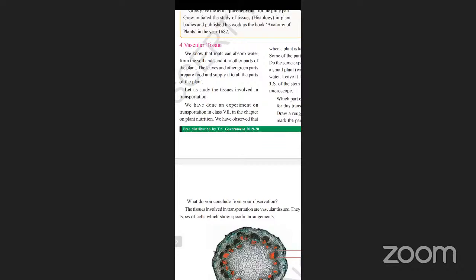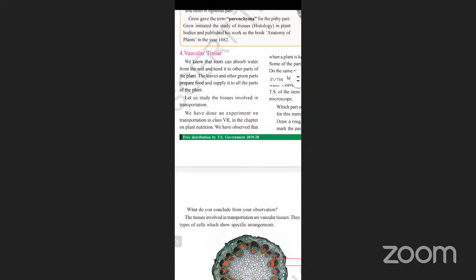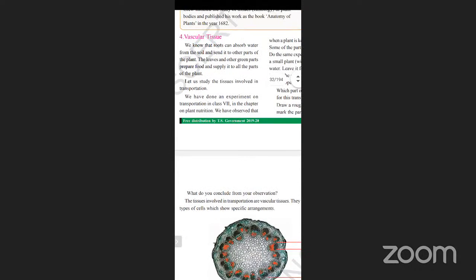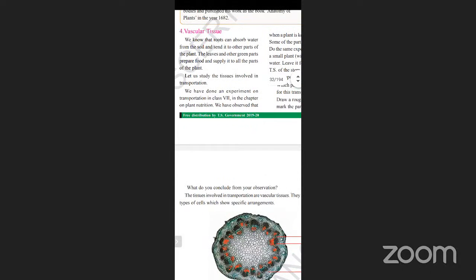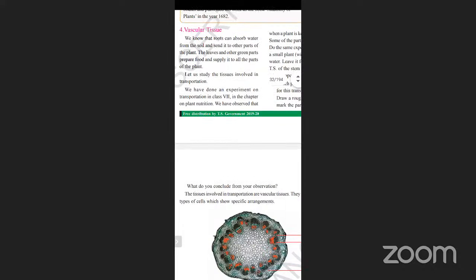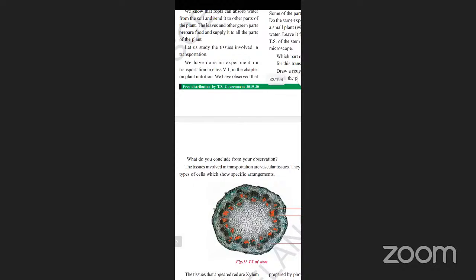How is water sent to the whole body, and how is food distributed to all the parts of the plant body? So to know about that, we first have to know about vascular tissue and transportation. Let us study the tissues involved in transportation.